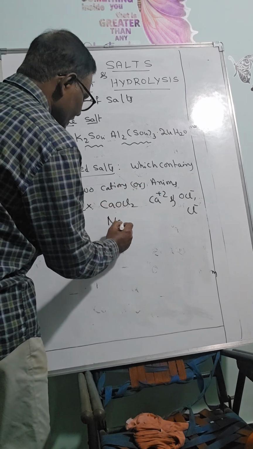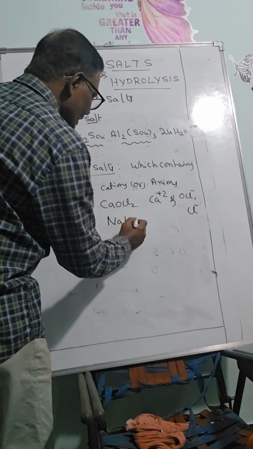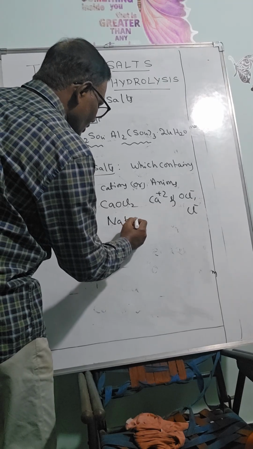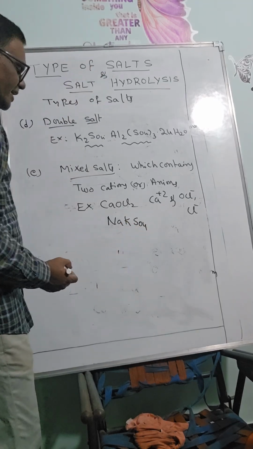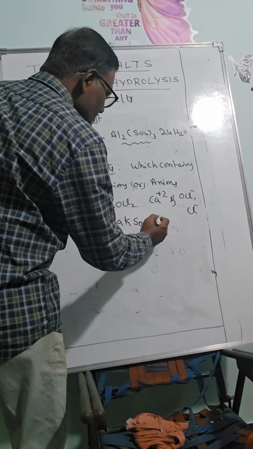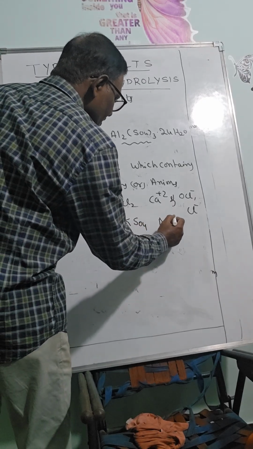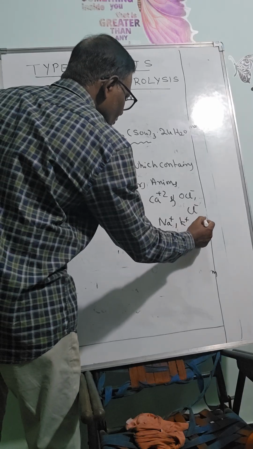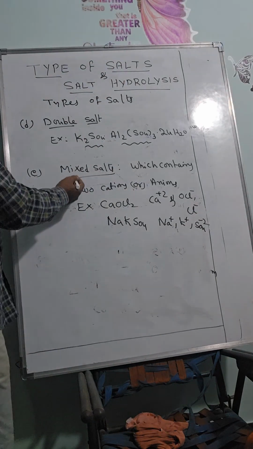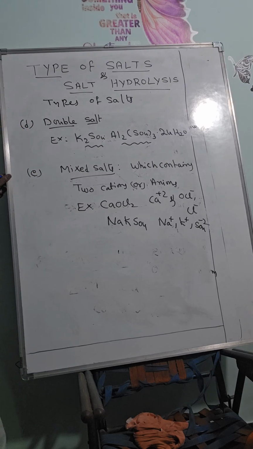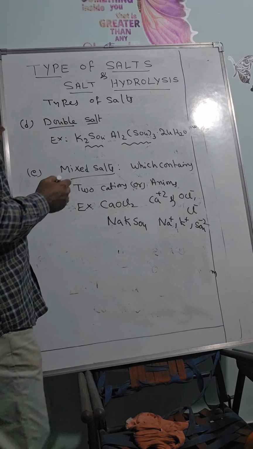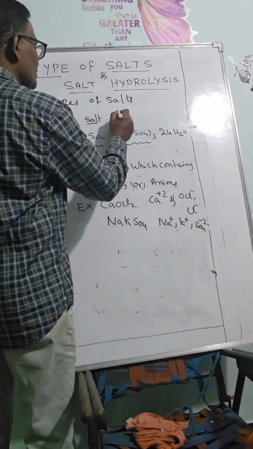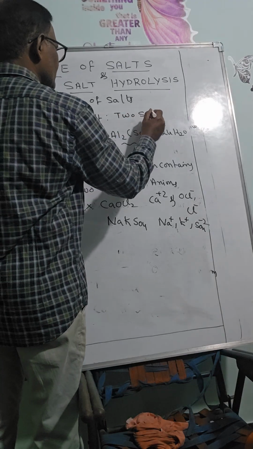Example here, Na, K and SO4. NaKSO4, sodium potassium sulfate, which contains Na+, K+ and SO4 2-. So that is mixed salts. Okay children, what is a double salt? It contains two salts.